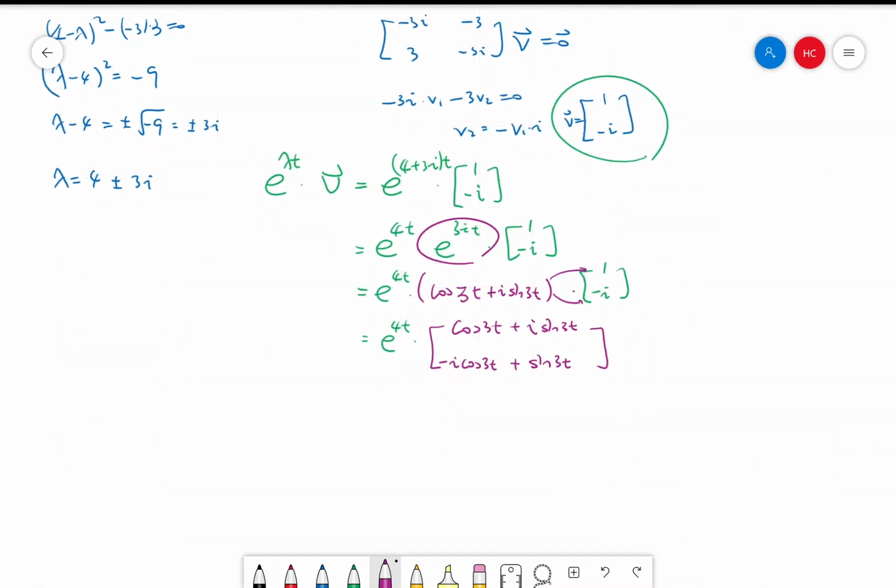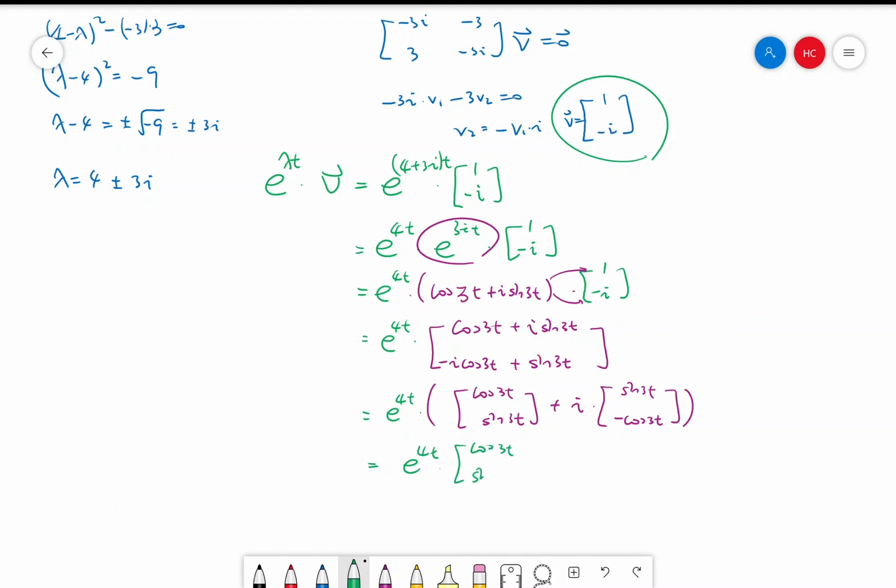And now let's separate the real and the imaginary part. So the real part is cosine 3t, sine 3t, and the imaginary part is sine 3t, negative cosine 3t. So this is equal to e to the 4t times cosine 3t, sine 3t, plus i times e to the 4t times sine 3t, negative cosine 3t.